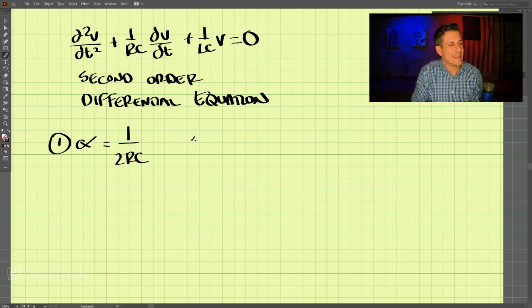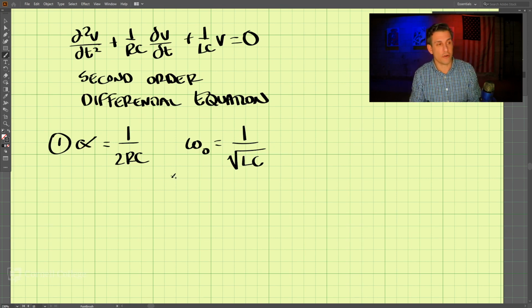And then we need the resonant frequency of this circuit, which is equal to 1 over the square root of LC. This is the same as it was for the source-free series RLC circuit. So we compute those, and then secondly, we need to determine what type of circuit it is.